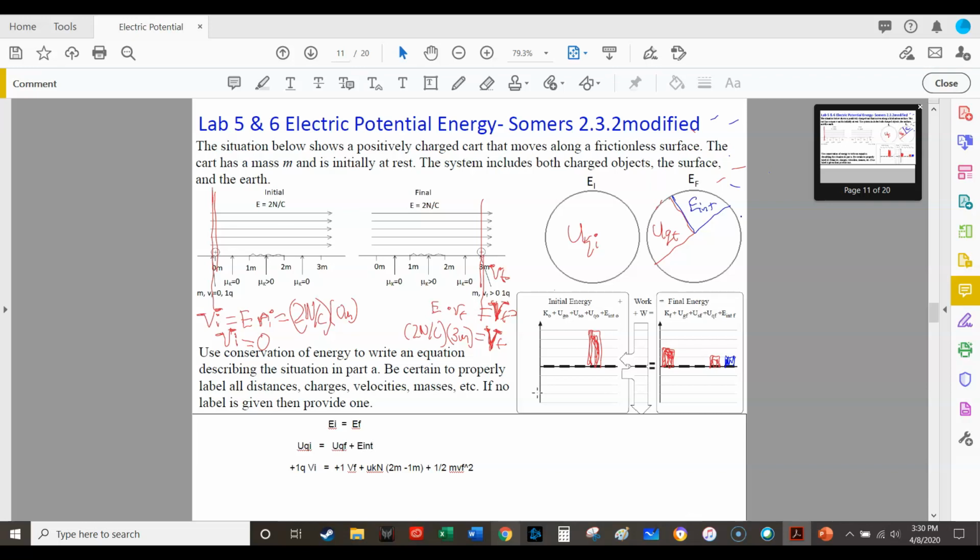In this case, the internal energy is the frictional force times the change in distance, plus 1/2 times mass times final velocity squared. Okay? And I'll put brackets around that.